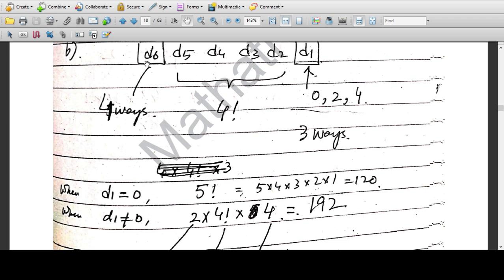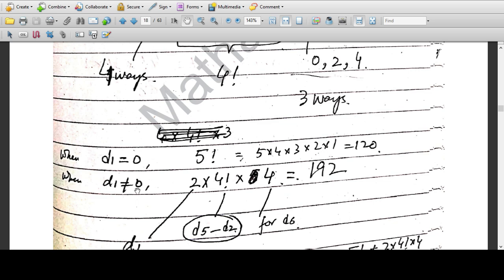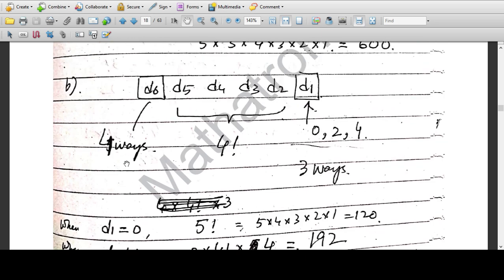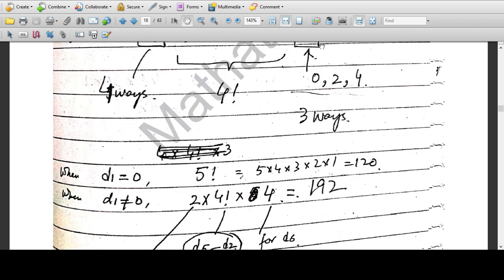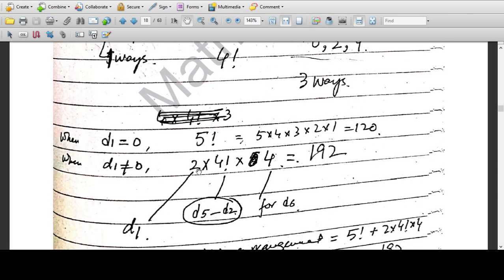When D naught is equal to 0, there are 5 factorial. If this is equal to 0, then there are 5 possibilities. When D1 is not equal to 0, then there are 2 into 4 factorial into 4 ways, which is 192.